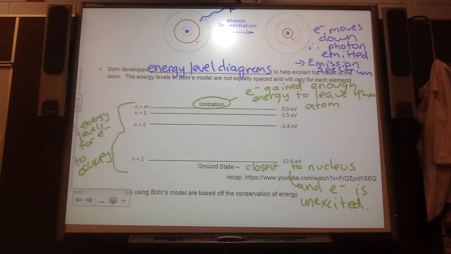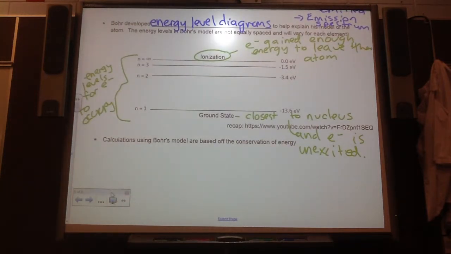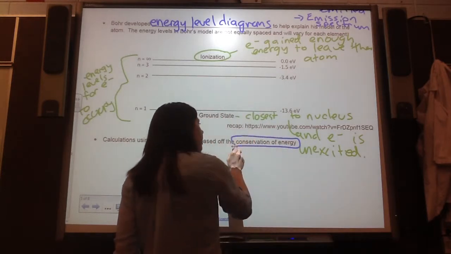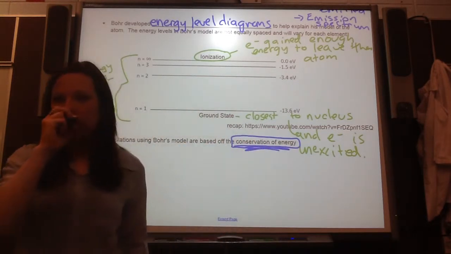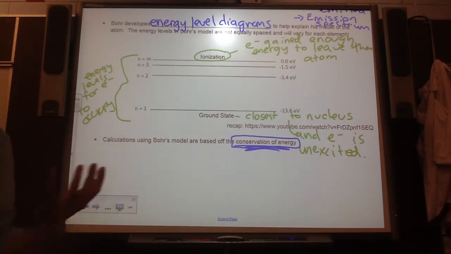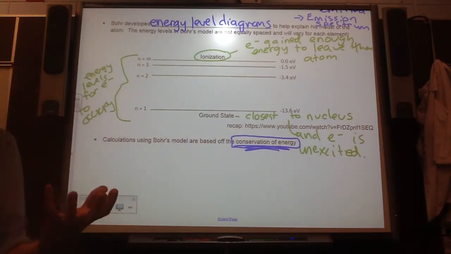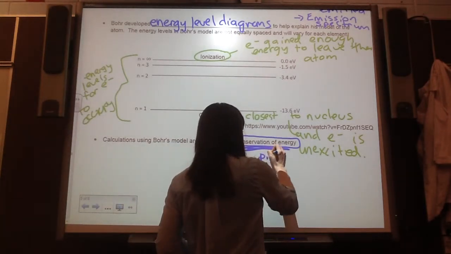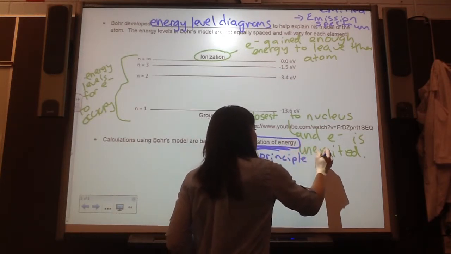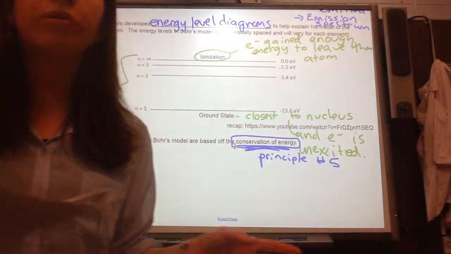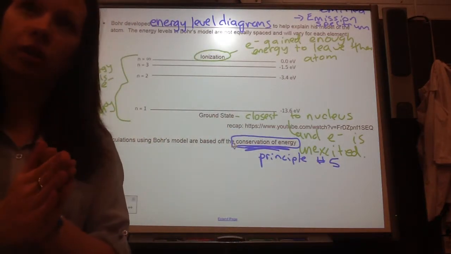So all these calculations that we're going to do next are based on using Bohr's model and the conservation of energy. Okay, really important. Since we're talking about energy being transferred all the time through photons, we need to apply the principle of conservation of energy, which is principle number 5.